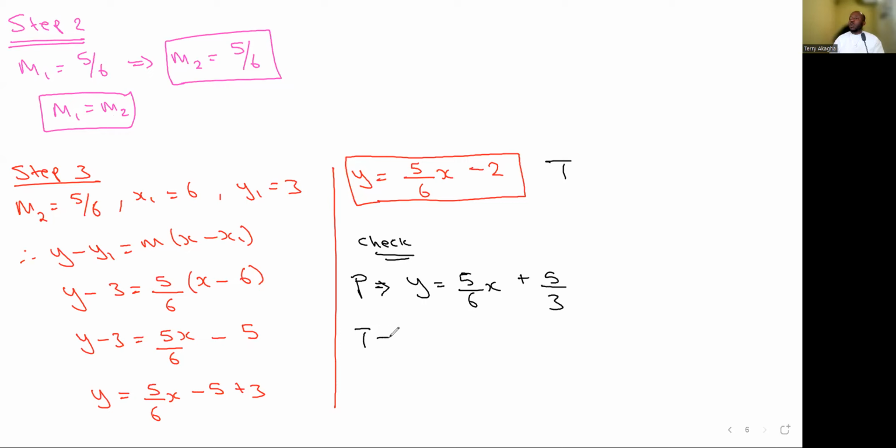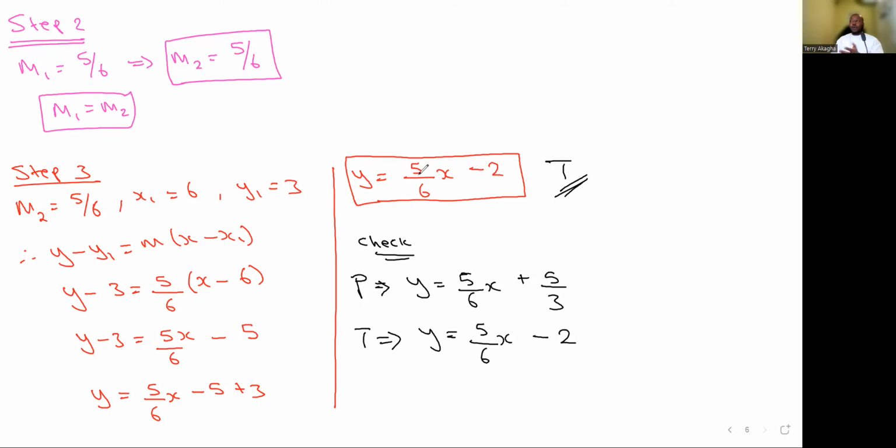And T, which we just solved, was y is equal to 5 over 6x minus 2. So if you look at this, both of them have what? The same slope. Are you seeing it? Both of them have the same slope. Because they have the same slope, they must be what? Parallel as well.